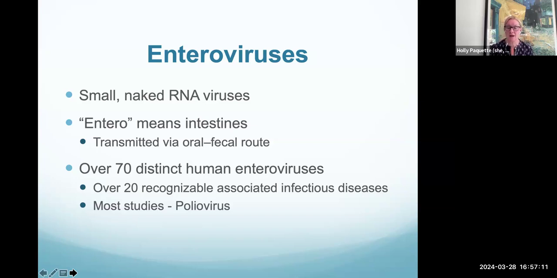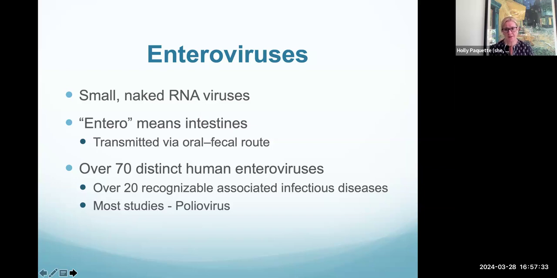And so these types of viruses are transmitted through what is called the oral fecal route, meaning that you ingest something or the virus enters through the mouth and its portal of exit would be through the feces. And generally we have contamination of water or food or something that gets it back into that oral cavity.